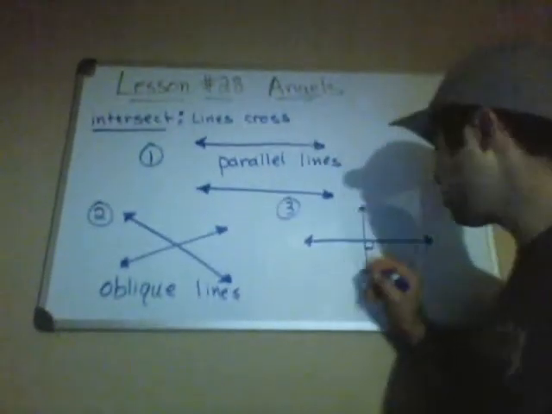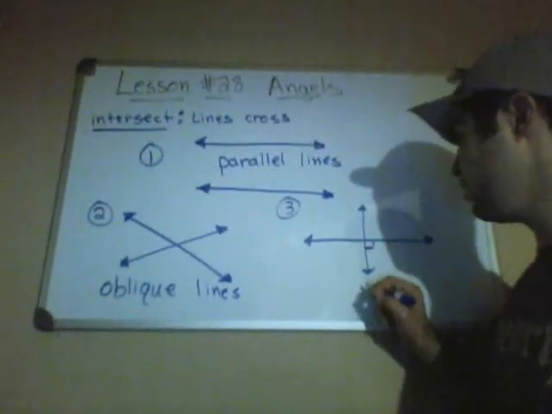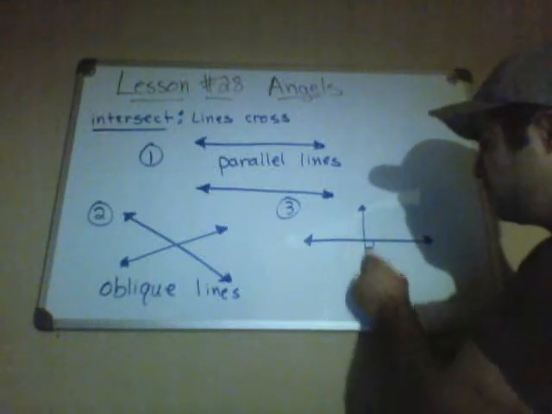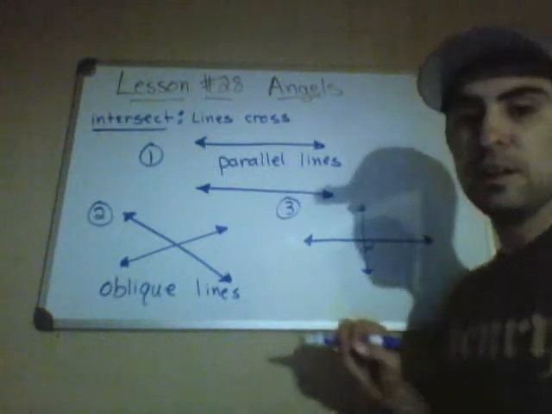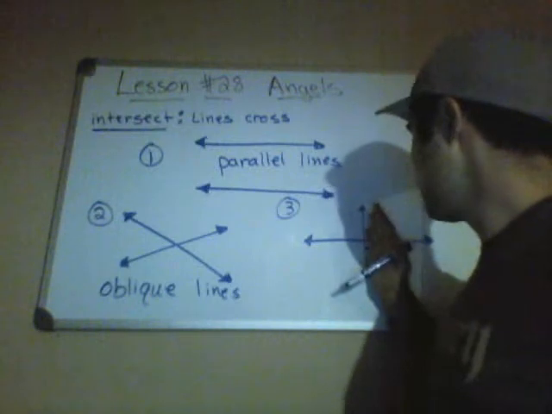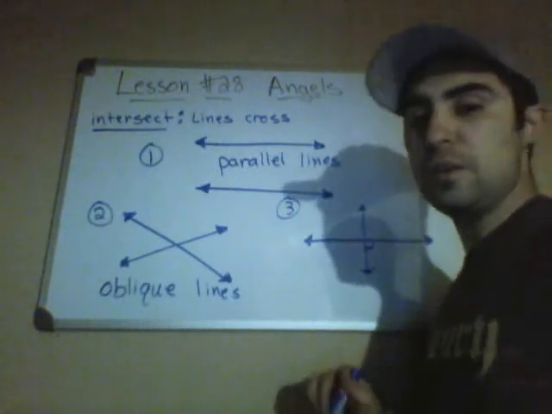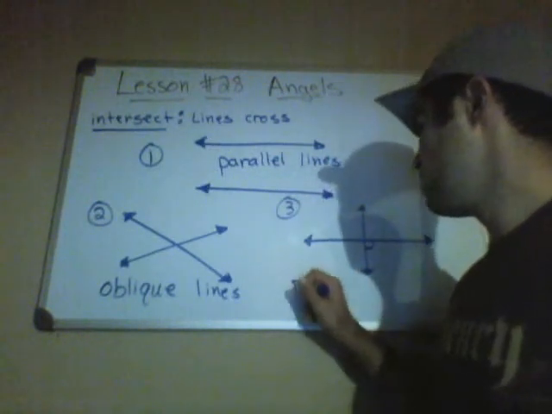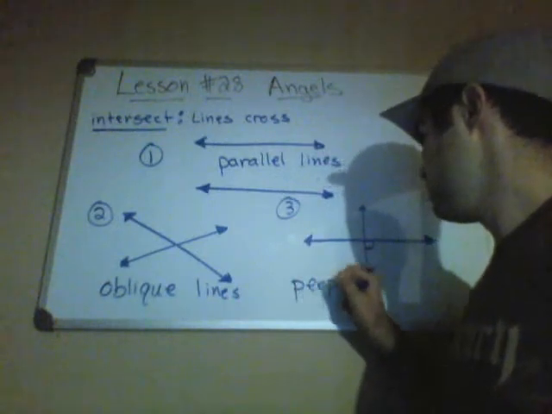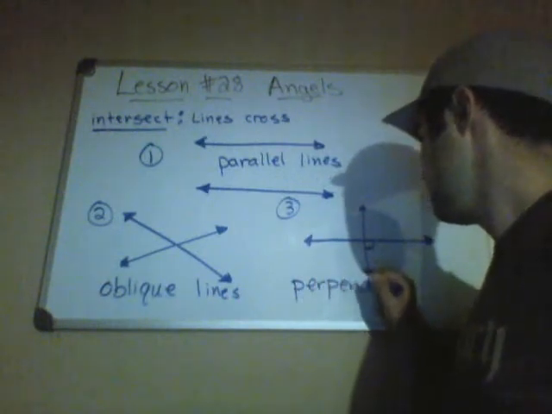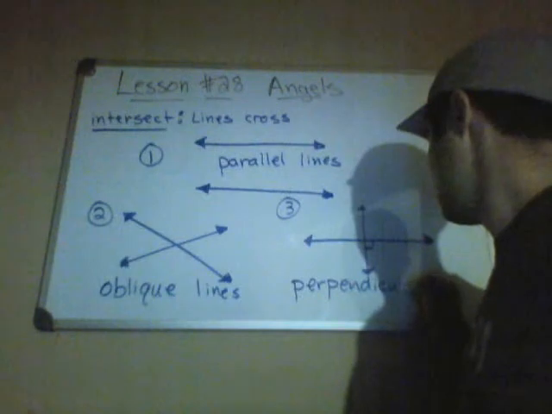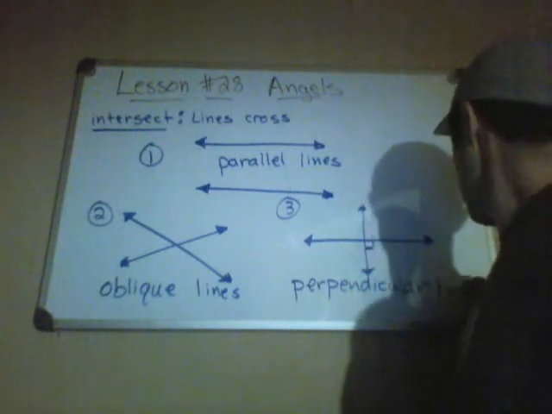But when they cross, they create a 90-degree angle. That means that you could put a little box right there. And you could fit in a square right up in this corner, and it would fit perfectly. Okay, so these are perpendicular lines.